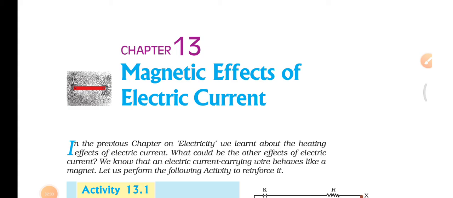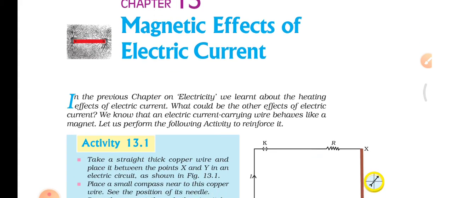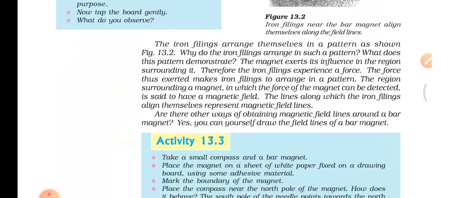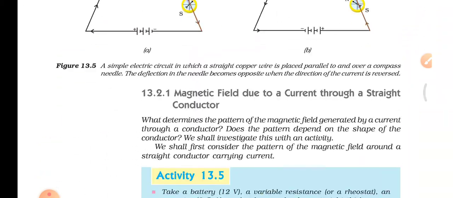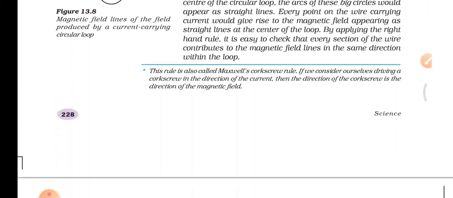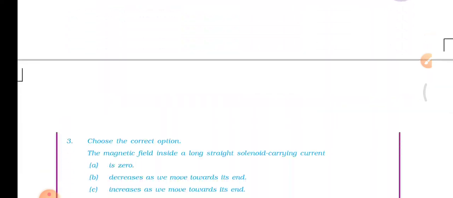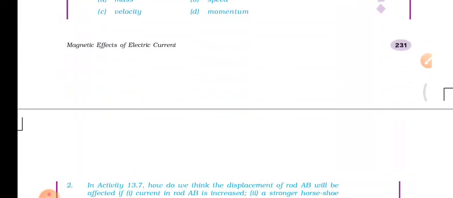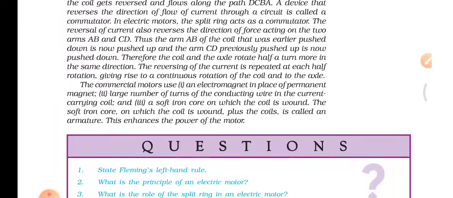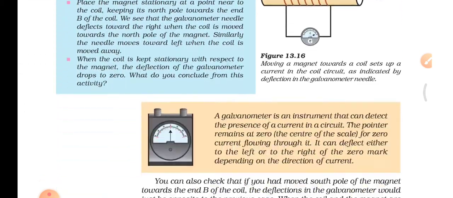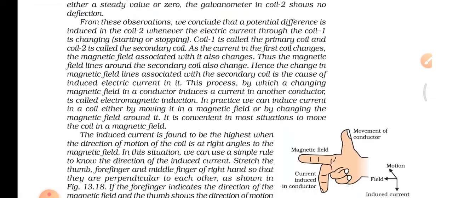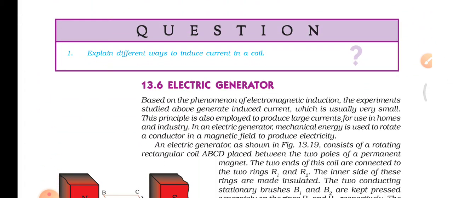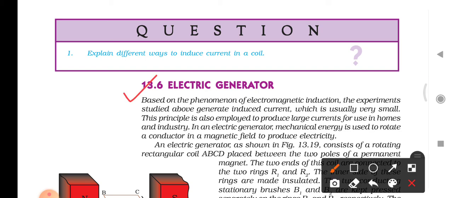You have to take your book and see chapter number 13, magnetic effects of electric current. You have to open the page. Electric generator.